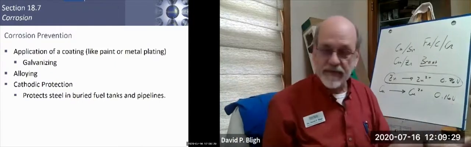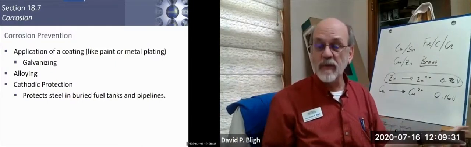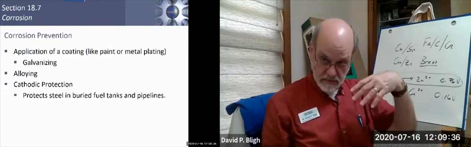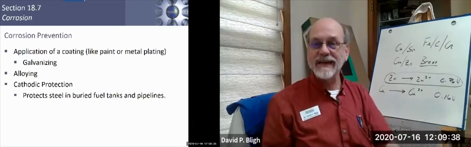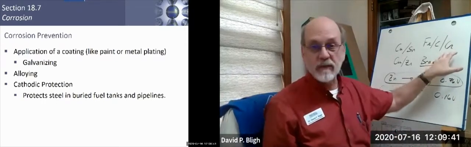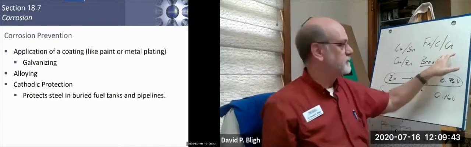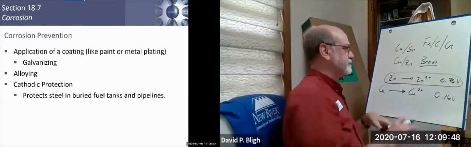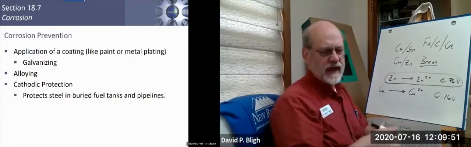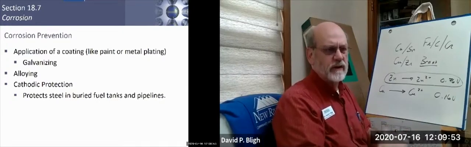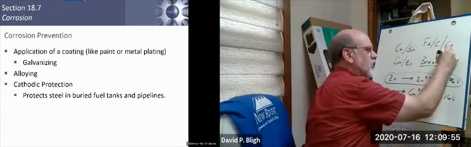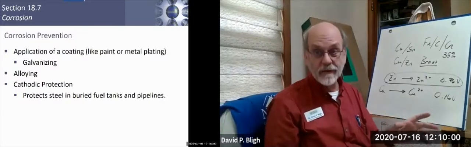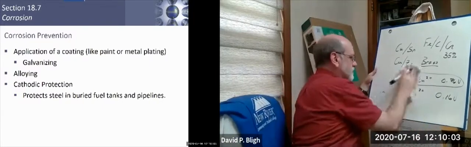Chromium, if we looked at the reduction potentials, we find that chromium is more easily corroded or converted to its oxide than is iron. So chromium sacrifices itself in the stainless steel to protect the iron. Now, originally, I can't remember who invented stainless steel, but originally, chromium was in the neighborhood of 35%, so it was very high. But here's what it does.